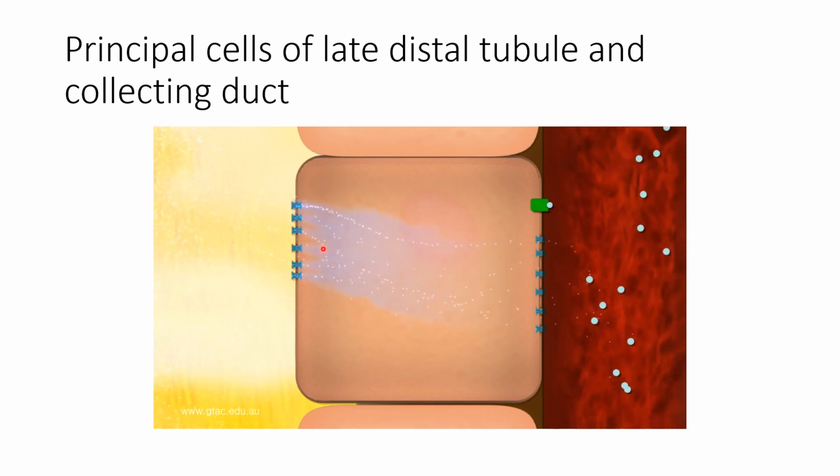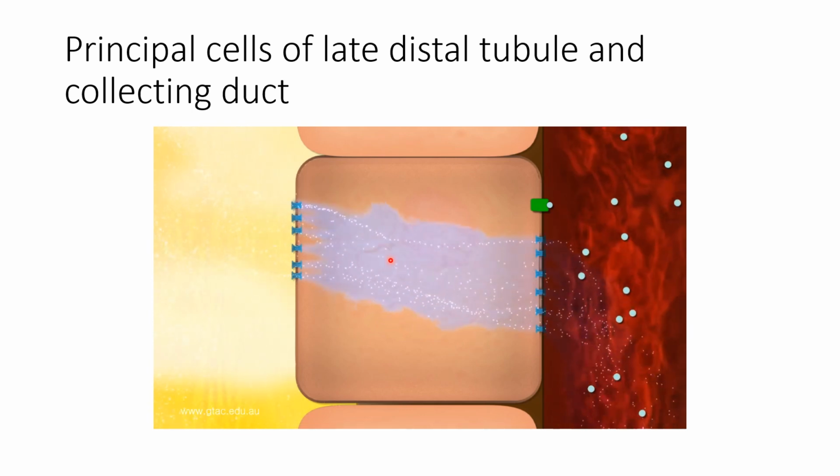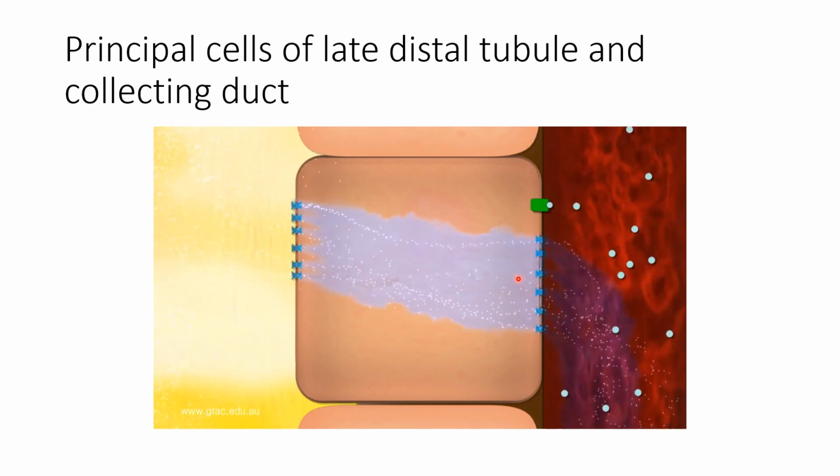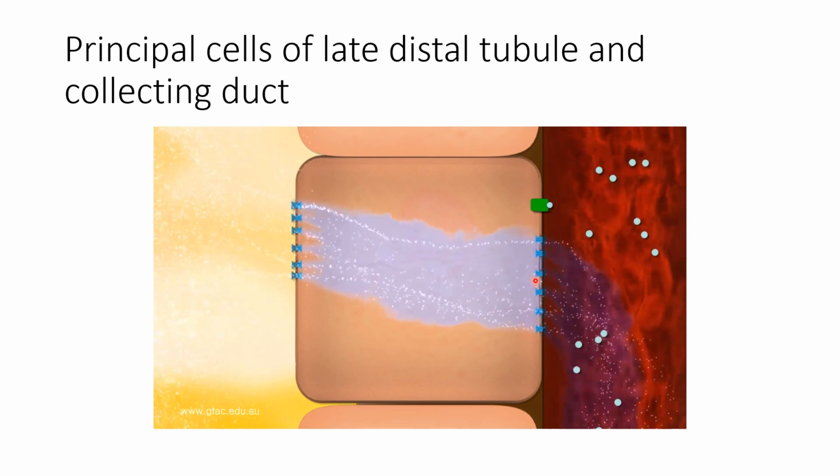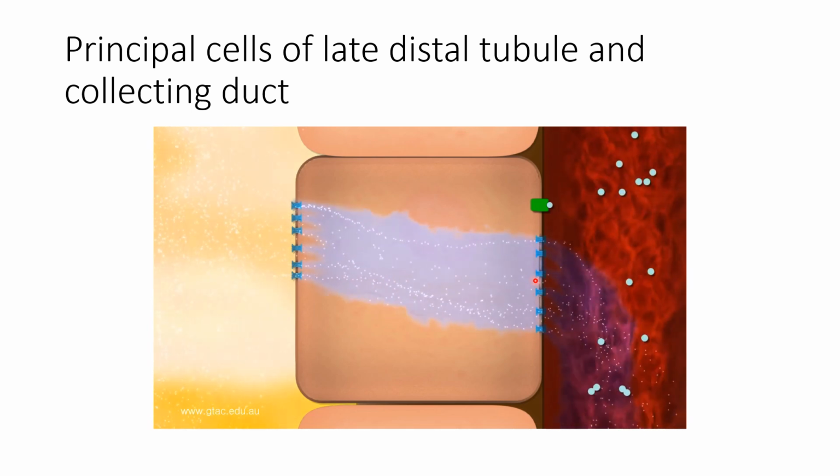It will come inside the cell through these pores, and then it will leave the cell through another aquaporin. The aquaporin on the basolateral side is aquaporin 3 and 4, and the one on the apical side is aquaporin 2. So there is finally reabsorption of water into the blood capillary, that is the peritubular capillary.